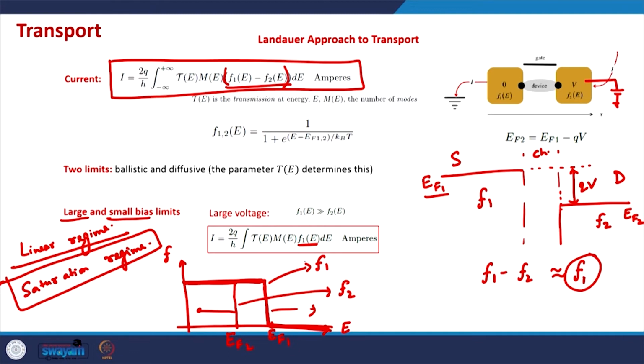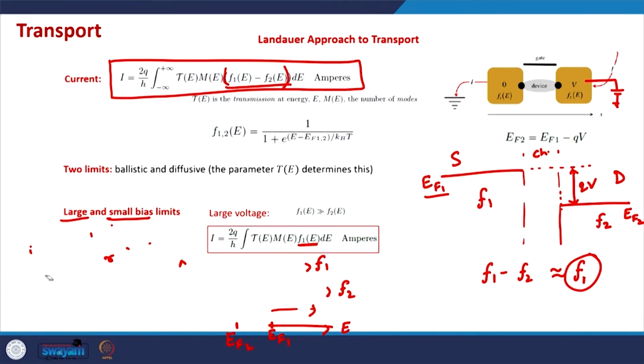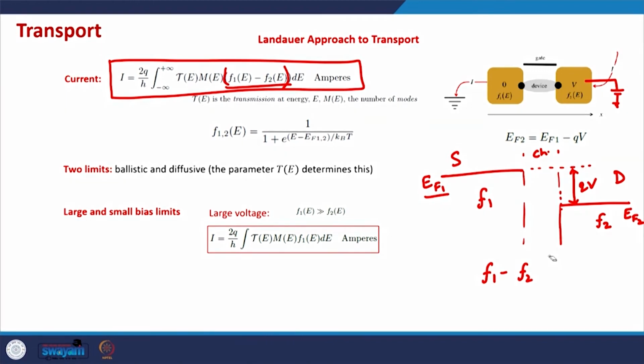limit. And in the small bias limit, actually the small bias limit has been discussed a lot during the discussion on the general model of the transport. You might remember that in the small bias limit F1 is very close to F2, and this difference function can be approximated by a Taylor series expansion.